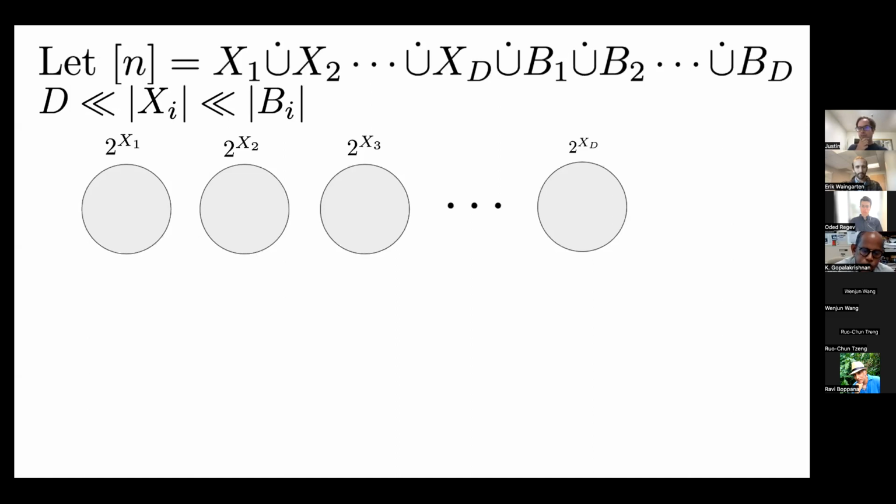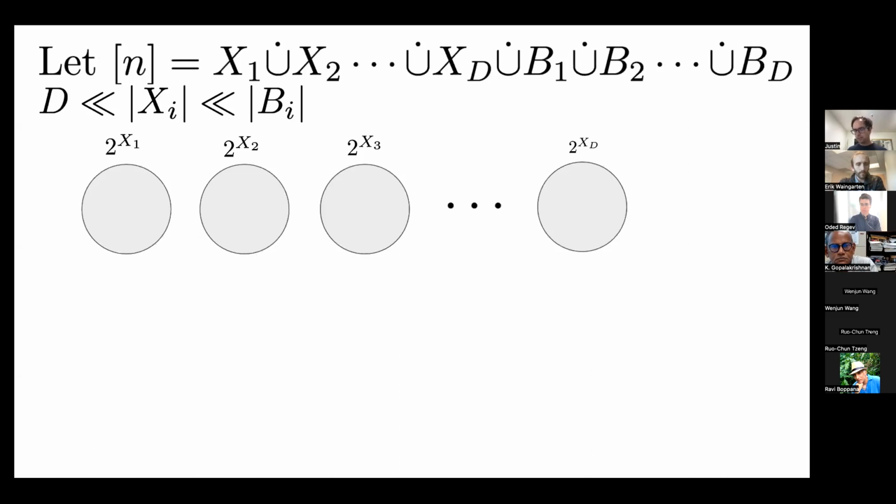We're going to start with our universe being x1 union x2 up to x sub d, and then there are also these b's, b sub 1, b sub 2. You can ignore the b's for now. Right now, just think about x1, x2 up to xd. These are all disjoint sets.